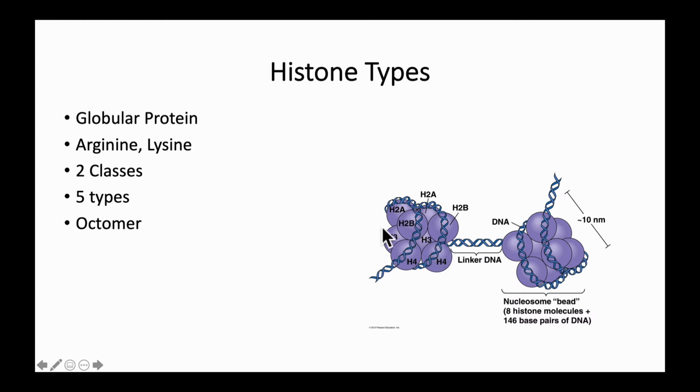In terms of their numbers, chromatin contains roughly an equal number of H2A, H2B, H3, and H4, and about half the number of H1 molecules. Chromatin also contains diverse groups of non-histone proteins that play a variety of enzymatic, structural, and regulatory roles.